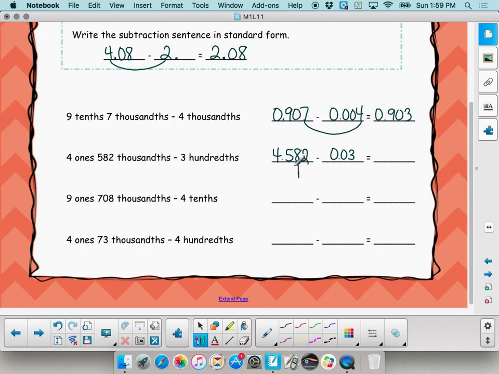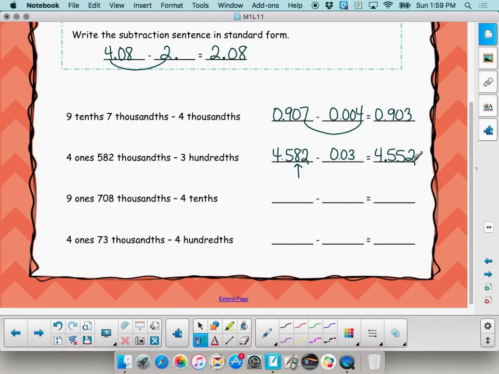So we are subtracting a 3 in the hundredths place. So the answer will be 4 and 552 thousandths, because 8 minus 3 is 5.